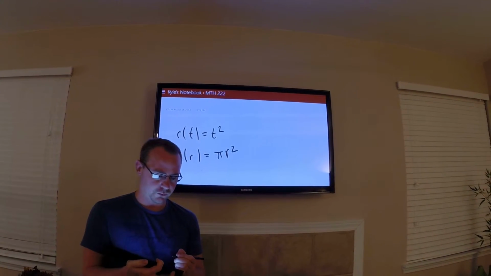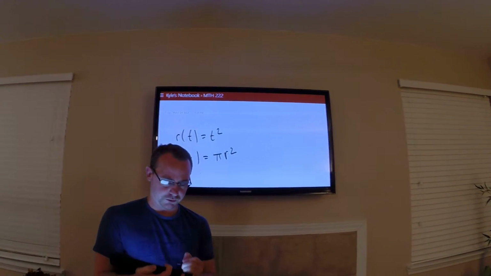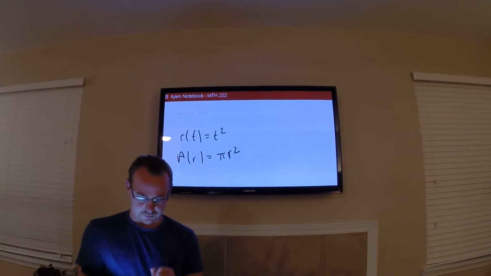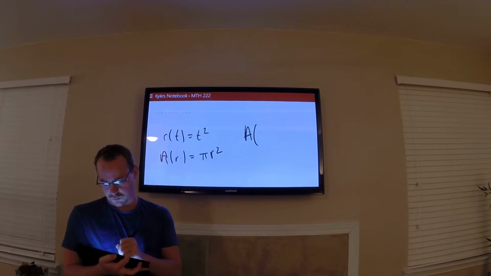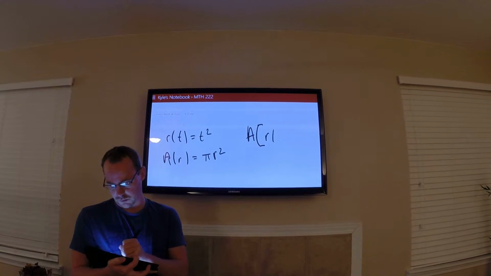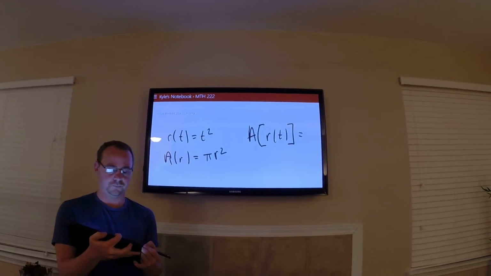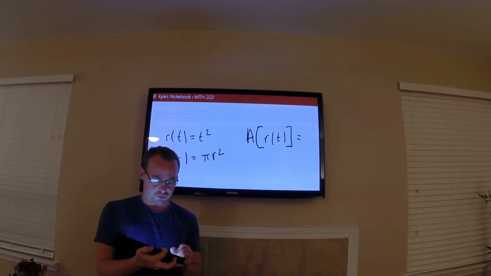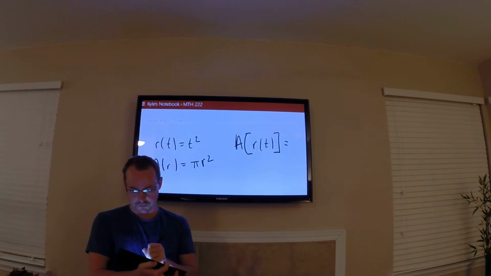So the first question is to find and interpret A of r of t. In order to do that, we'll just plug t squared into our area function, and that'll look like this.